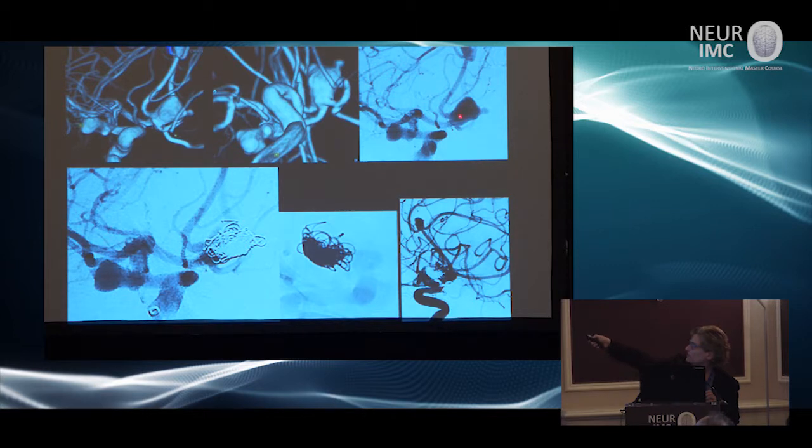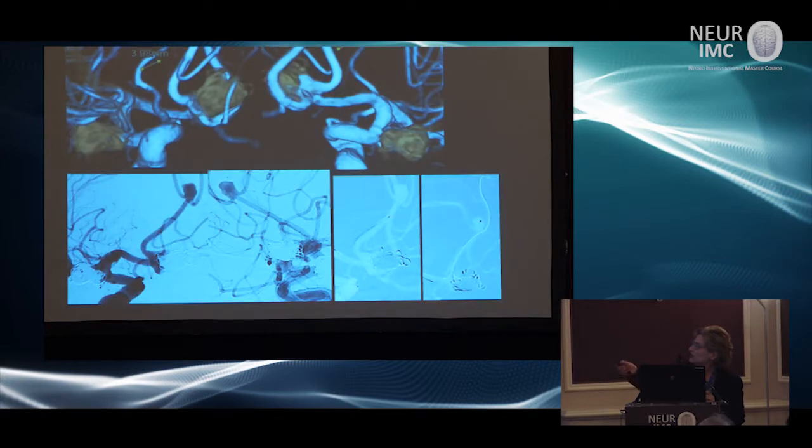However, we didn't try to catheterize this branch in that session, because we worried about moving the materials inside the aneurysm, because we needed to get into the aneurysm to catheterize the A2.